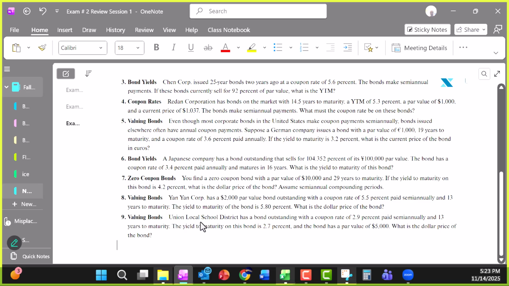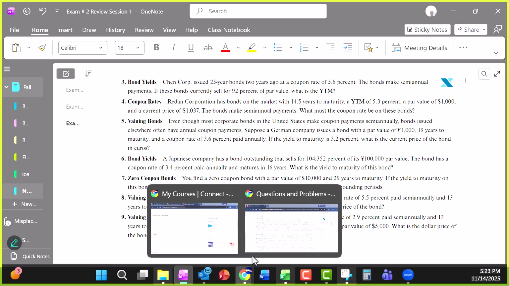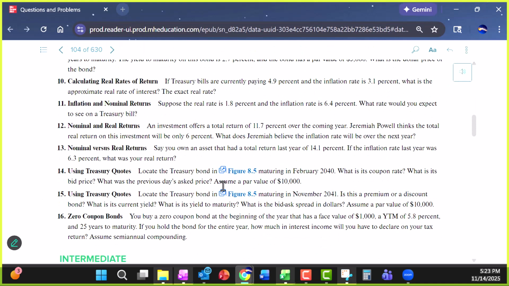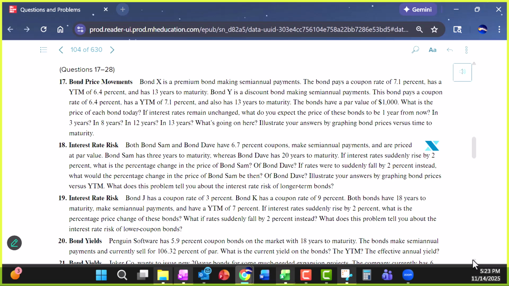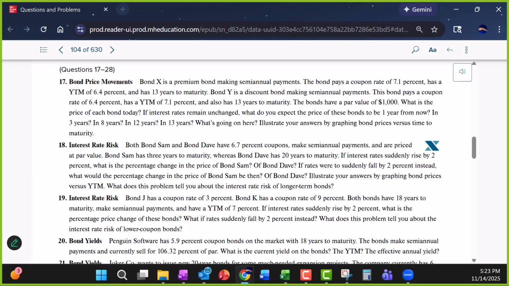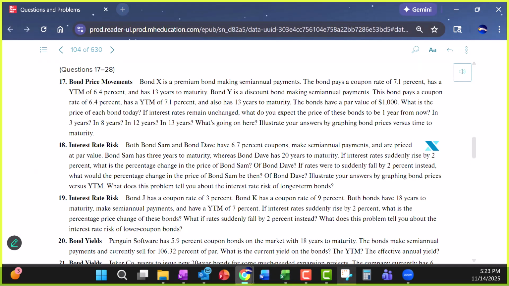Let's see. These are all pretty much the same, so I'm not going to spend too much time on it. These are some basic questions. Let's do some intermediate ones. Okay, let me copy these.